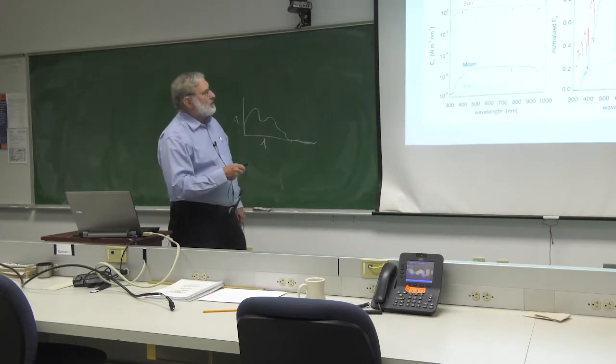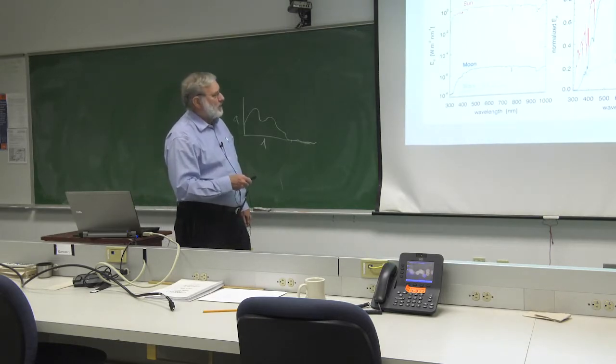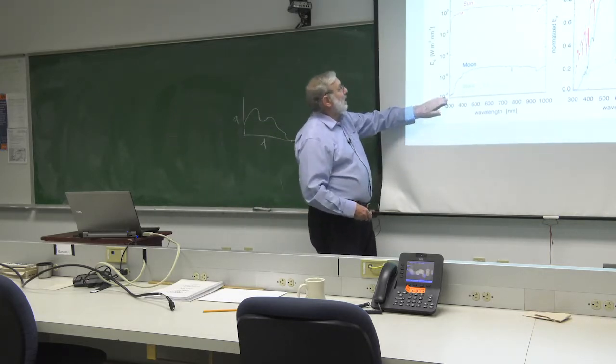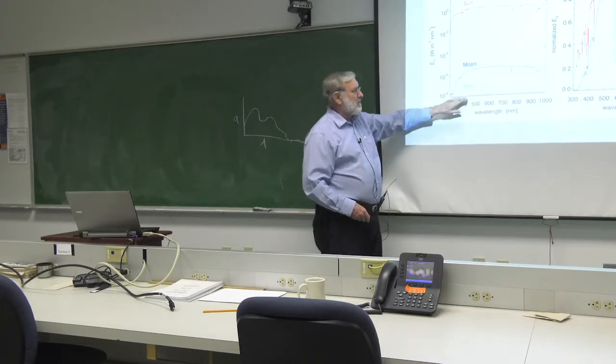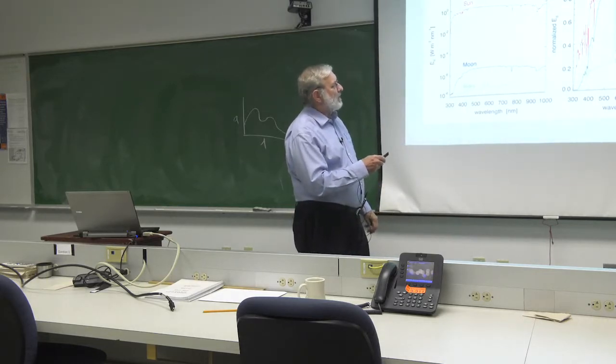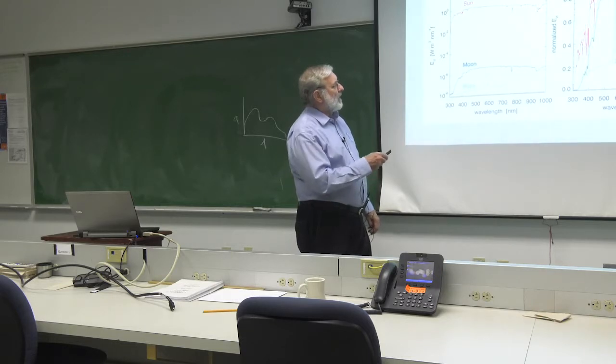So here's the sun spectrum, here's the moon, here's the stars, scaled in magnitude. That background skylight is like 8 orders of magnitude less bright than the sun. Here's the relative spectrum normalized to the brightest value. So there's the sun.